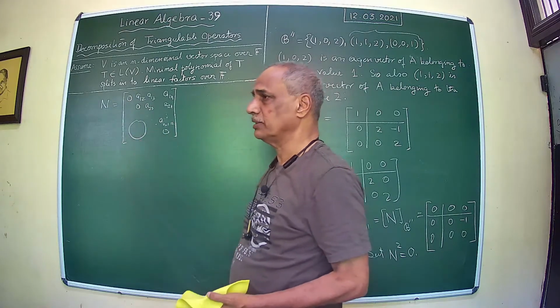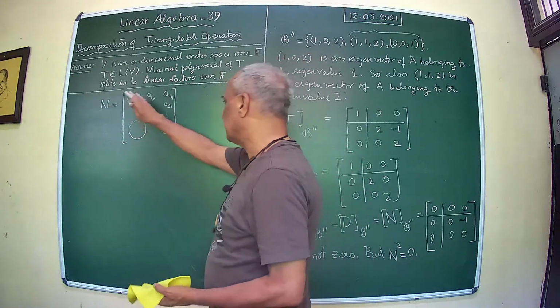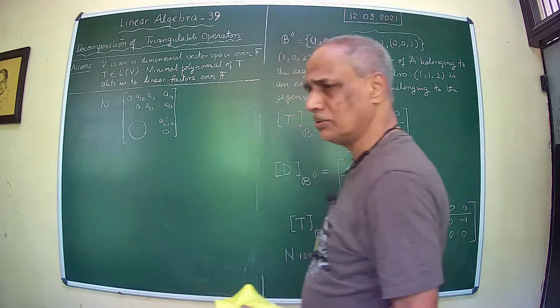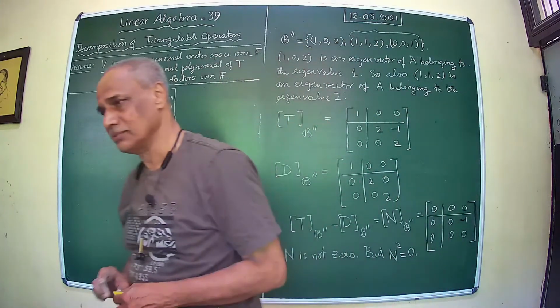Below the diagonal also everything is 0. But above that there may be entries, some may be 0 or may not be 0.